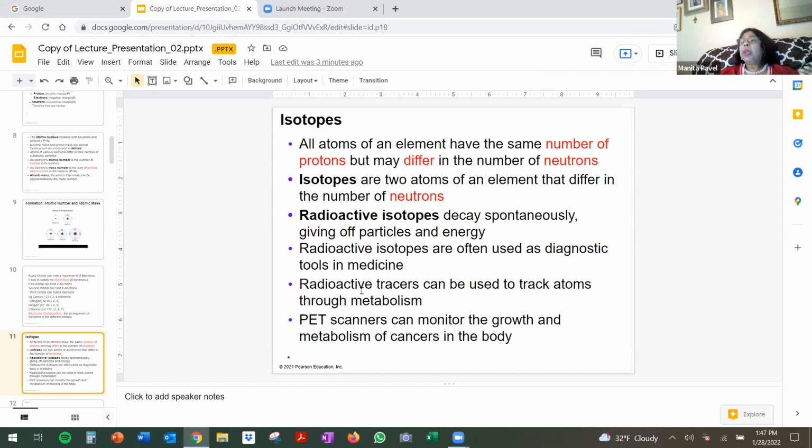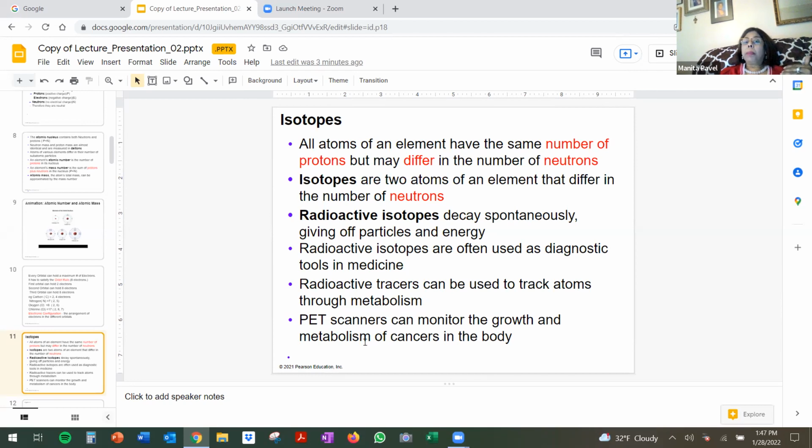Metabolism is the sum total of all the chemical reactions that take place in our body. That's metabolism, all the chemical reactions taking place during digestion, etc. Radioactive tracers can be used to track atoms through metabolism.